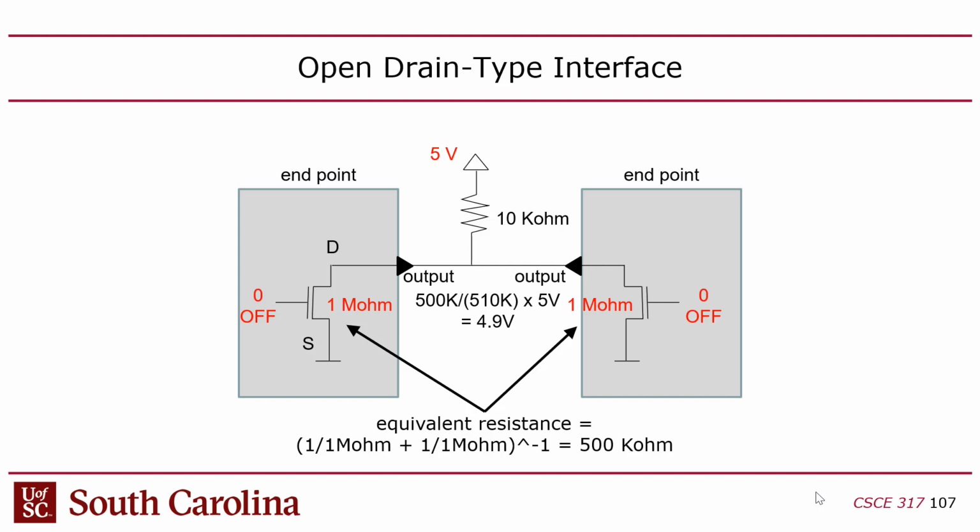And if you have multiple devices pulling down simultaneously, it's not a real big deal. It's not going to cause a short circuit because you're going to limit the amount of current flowing through because of that resistor. That's what that resistor does.